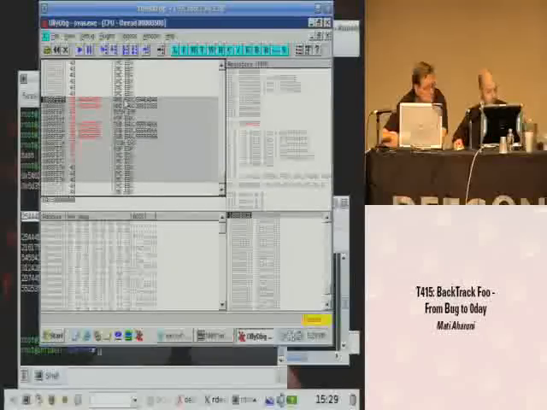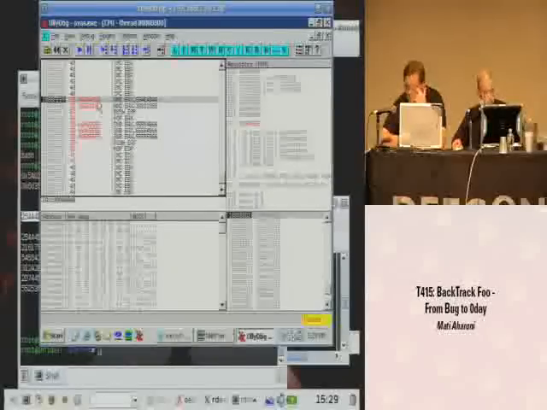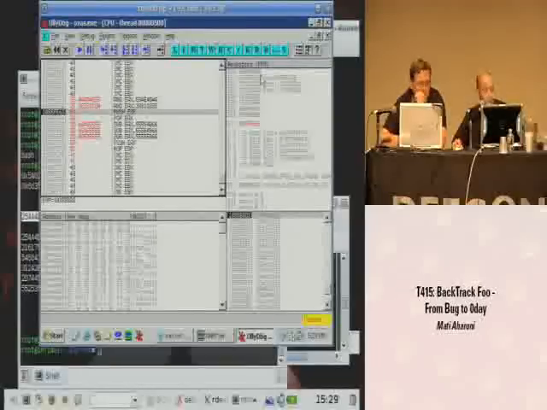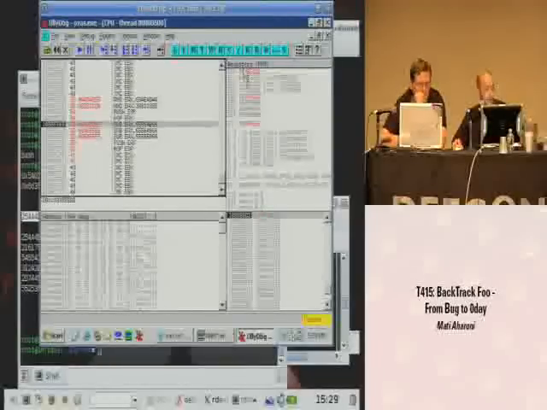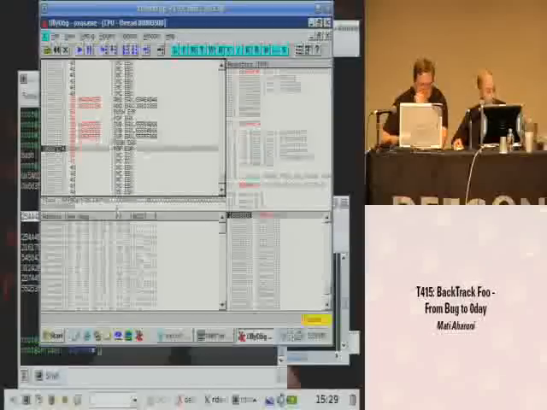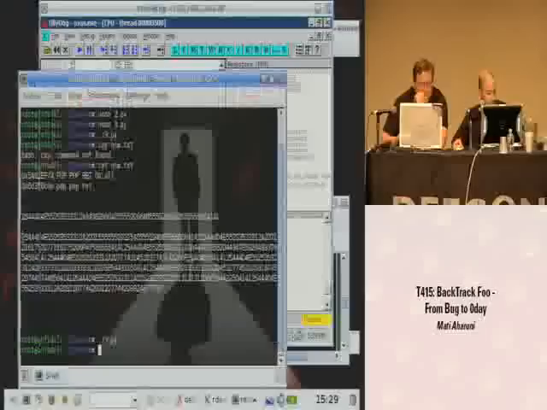Great. So once again, we zero out EAX. We find the location of where we are on the stack. We align our stack to where we want to carve our shellcode. And now we start writing the shellcode.